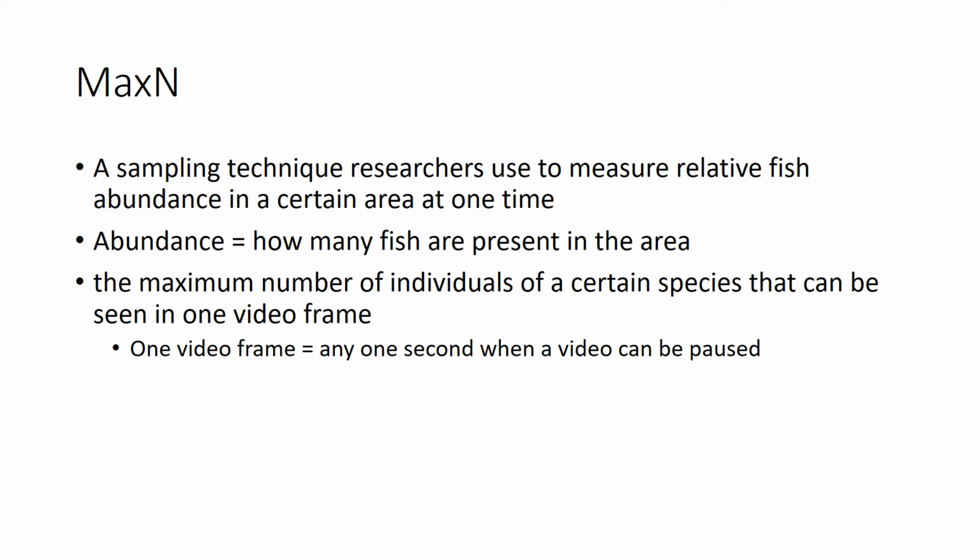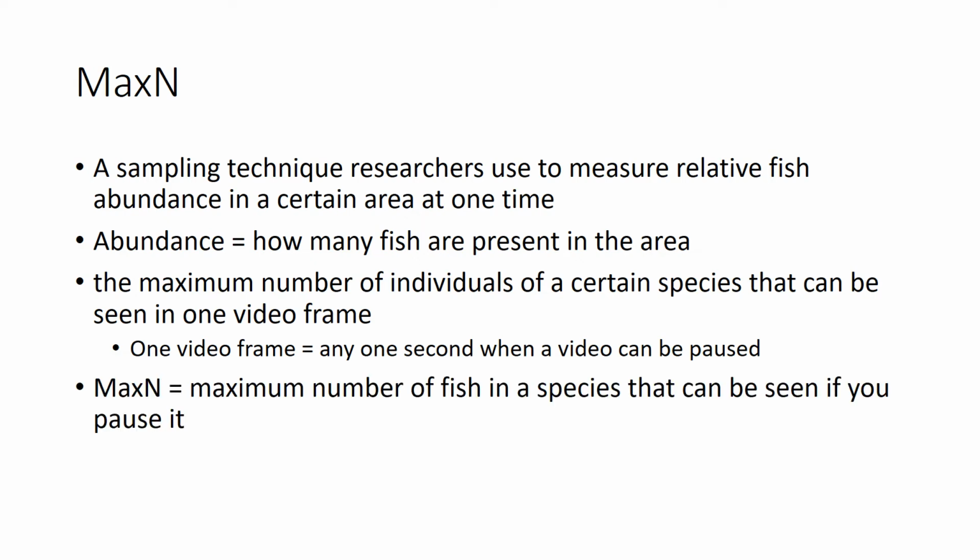Now that can sound confusing, but I'm going to explain it. One video frame is any 1 second when the video can be paused. Videos are made up of thousands of frames, and throughout these videos, fish are swimming by. So, the Maxon is the maximum number of fish in a species that can be seen if you pause the video.